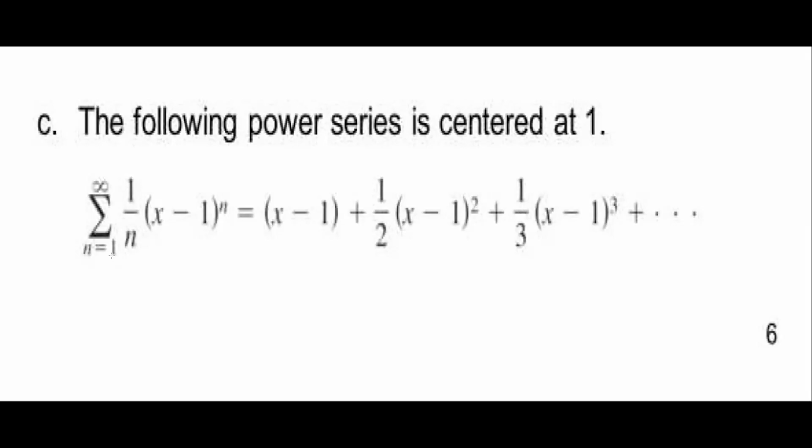Mostly we start from 1 or 0. So this example is of a power series that starts from 1, and we have taken it as 1 by n, x minus 1 whole to the power n. If we expand this, we'll get x minus 1 plus half into x minus 1 whole square plus 1/3 x minus 1 whole cube, and so on.